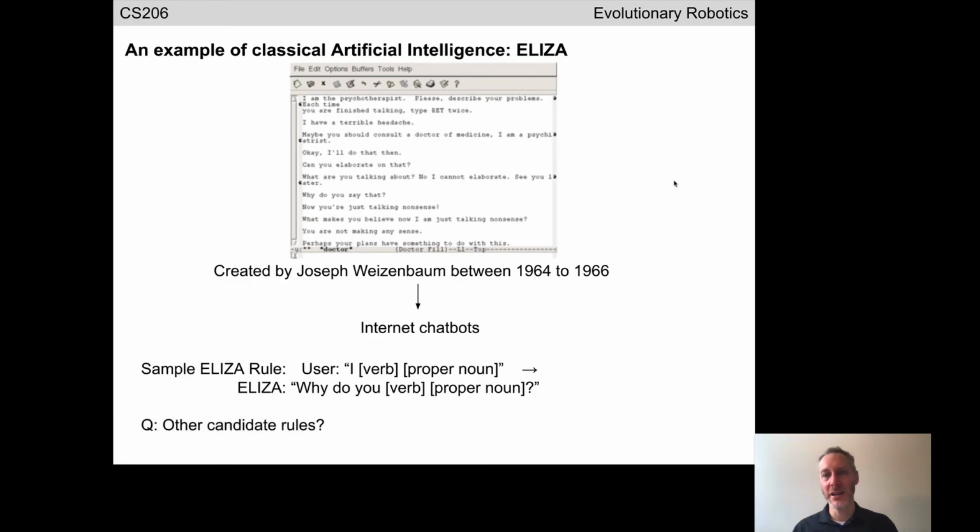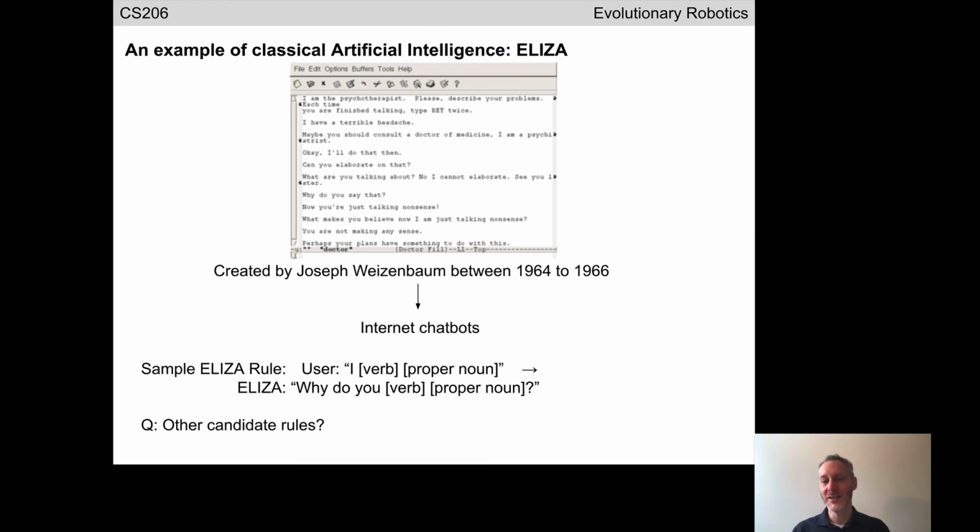Let's come back to our history and move forward from the 1950s to the 1960s and pause for a moment at Eliza. Eliza was, as you can see in the screenshot here, arguably the world's first chatbot, created by Joseph Weizenbaum, and led to all future internet chatbots. I'm sure you can probably find a version of Eliza online somewhere and actually chat with her.